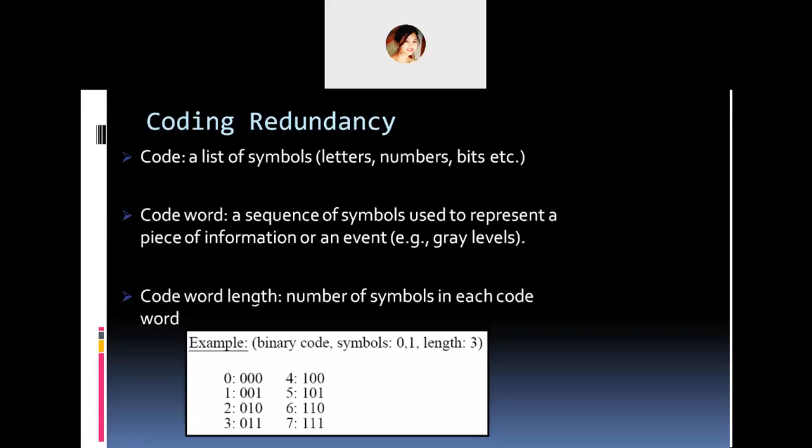A code word is a sequence of symbols used to represent a piece of information or event, for example gray levels of an image. And finally code word length is the number of symbols in each code word. See how these 3 terms are related to each other.